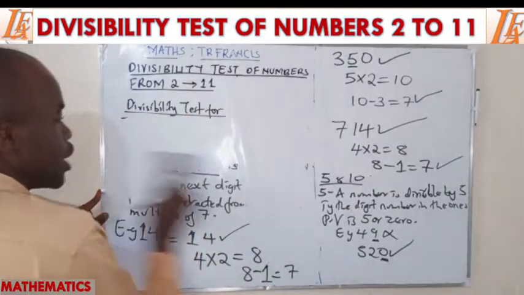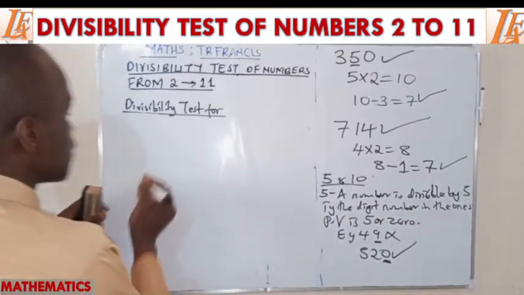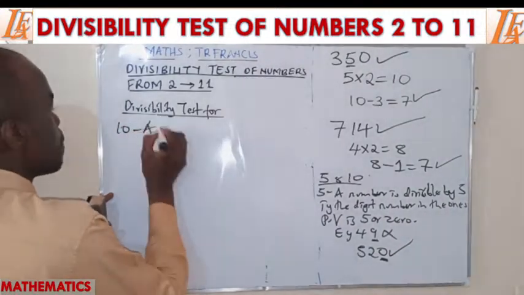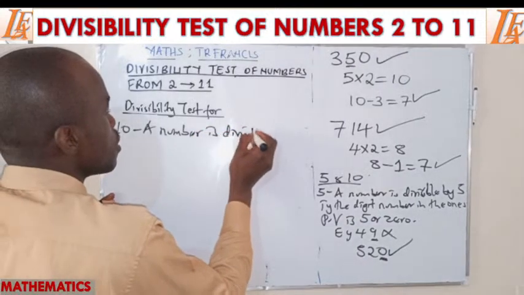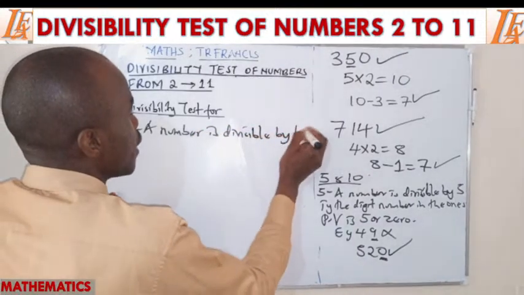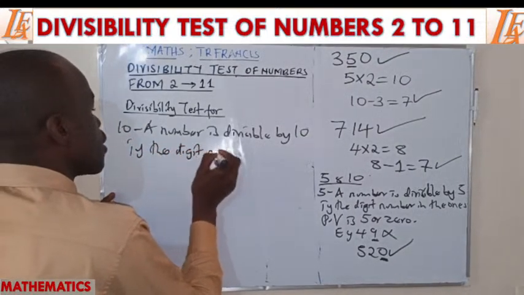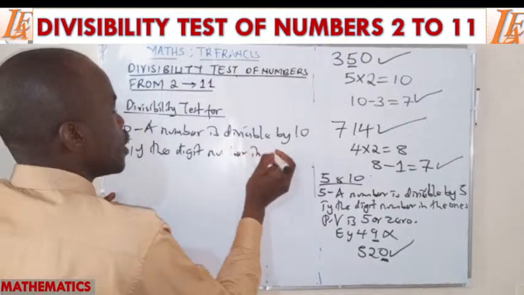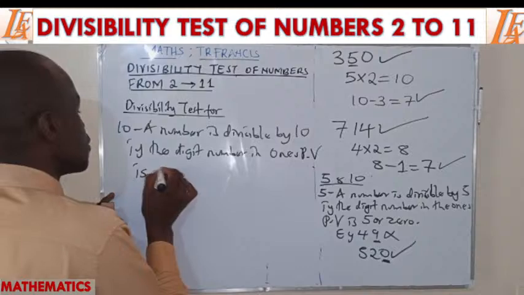Let us proceed for 10. A number is divisible by 10 if the digit in the ones place value is 0.